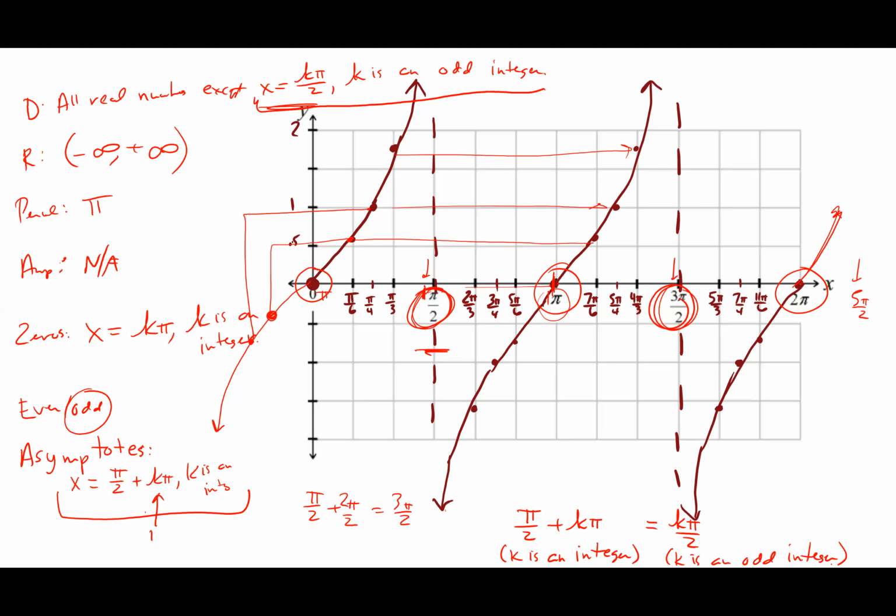Oh, good. So two different ones. This is k is an integer, pi over 2 plus k pi. This one is k pi divided by 2, and then we just define k a little bit differently. So k is an odd integer, and that's still okay to do.